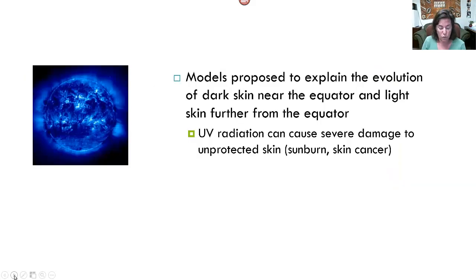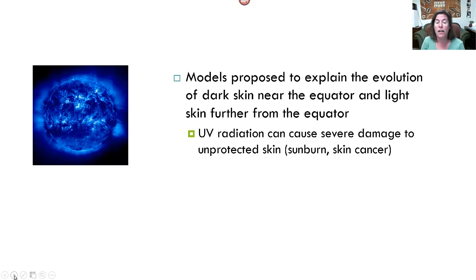And the question is, what events have taken place in the evolution of our species to lead to the dramatic differences in skin color across the world? There have been several models that have been proposed to explain the evolution of dark skin near the equator and light skin further from the equator.